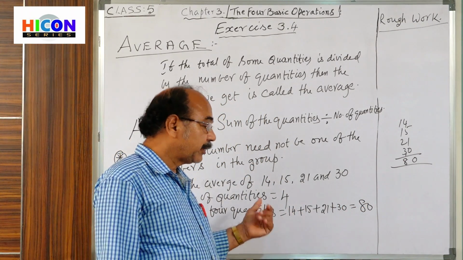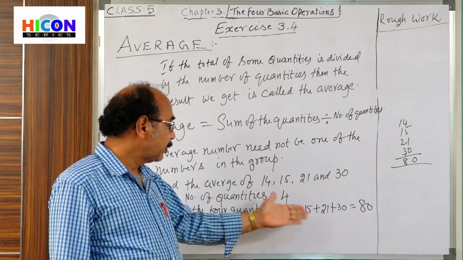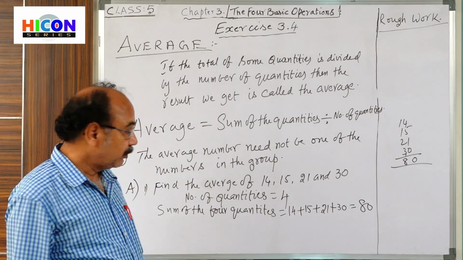Now, to find the average, you divide 80 by 4.